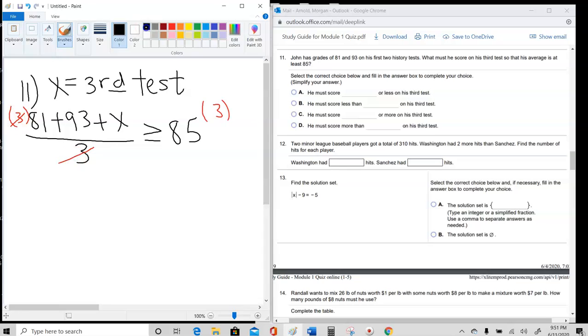On the left side, the 3's cancel. And let's go ahead and add the 81 and 93 together. That would be 174 plus X is greater than or equal to 255. And the last step, just subtract 174 from both sides.